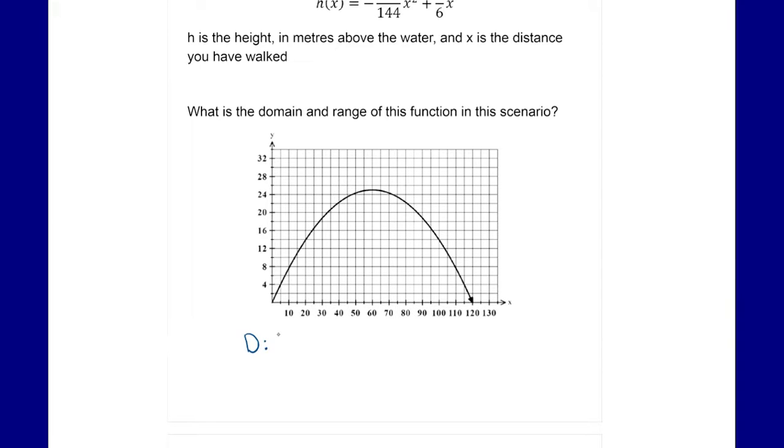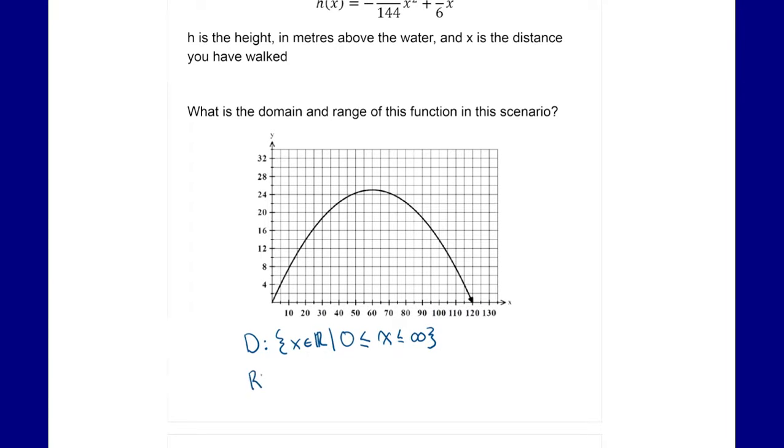Looking at it, you might say domain is your x value, so x is any real number, given that it is between 0, because we don't see an arrow here, and, well, we have an arrow here, so that means it should go on forever, so infinity.